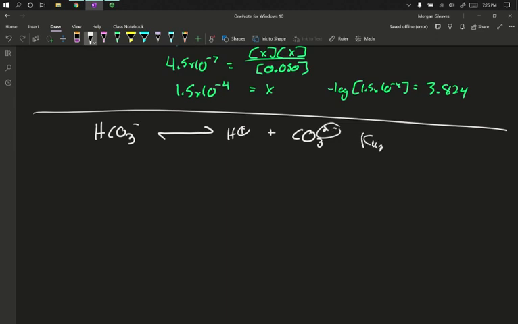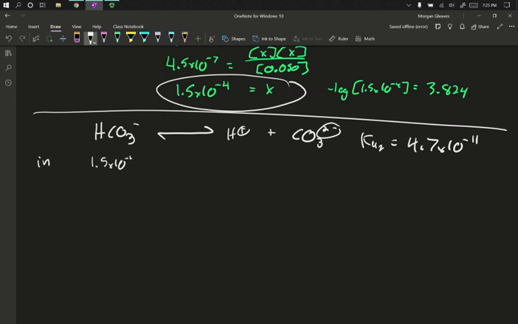This had a Ka, our second Ka, of 4.7 times 10 to the minus 11. This time, however, our initial values came from the first step. So we know our bicarbonate from before was X: there's 1.5 times 10 to the minus 4 bicarbonate, there's actually 1.5 times 10 to the minus 4 H plus, and at the moment, no carbonate. The second step hasn't occurred yet.